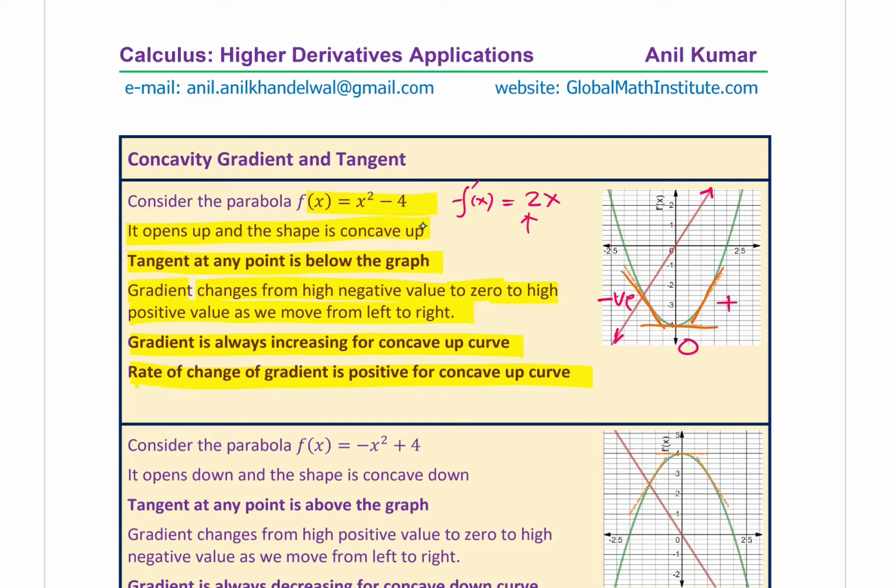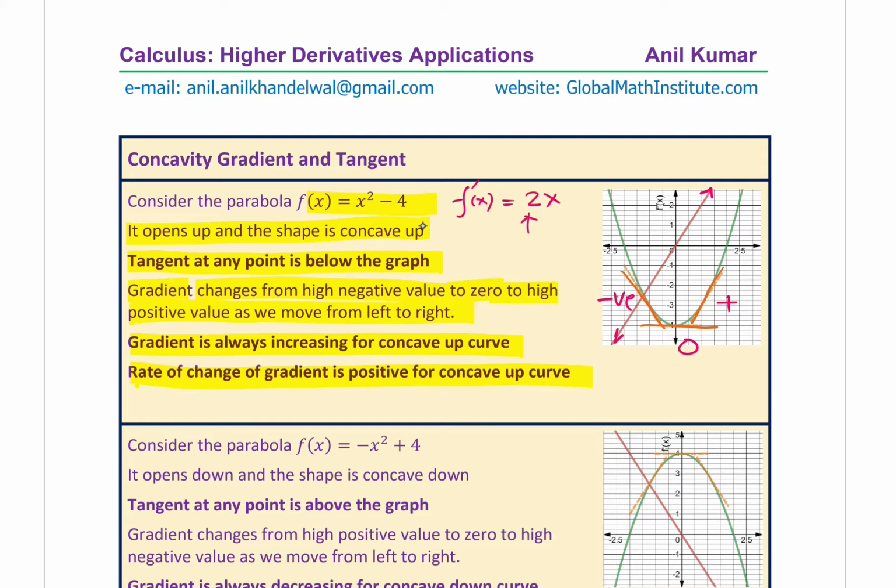So it is decreasing. Correct? And so we can conclude that the gradient is always decreasing for a concave down graph. And the rate of change of gradient is negative since the line was coming downwards. And this line is for the first derivative, which is what we are calling gradient, right? So the first derivative graph is a straight line coming downwards.